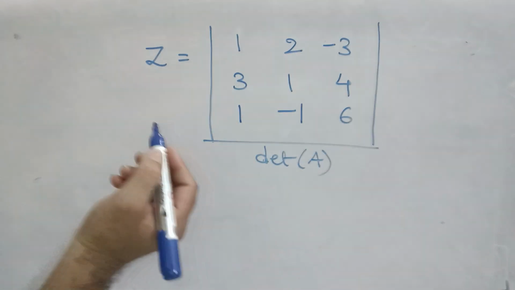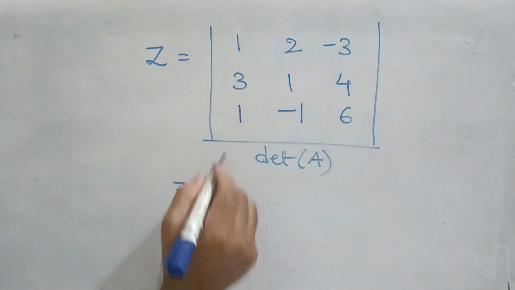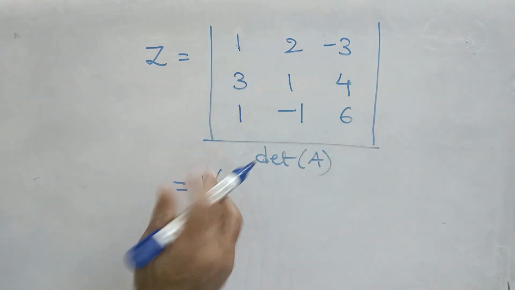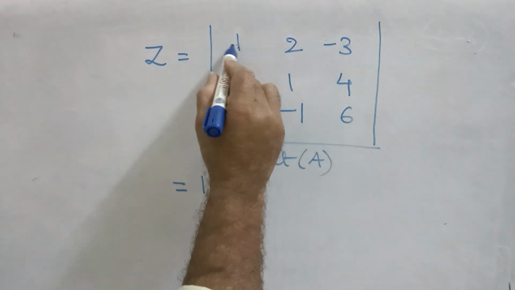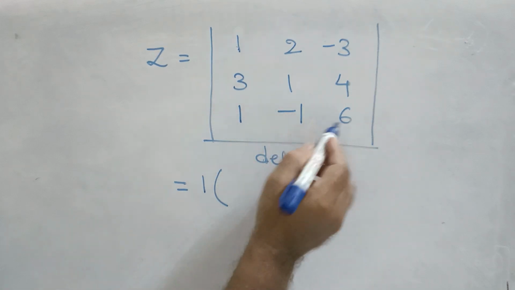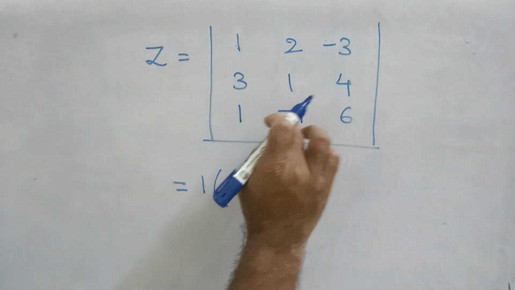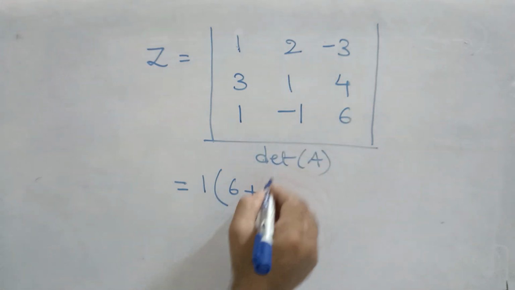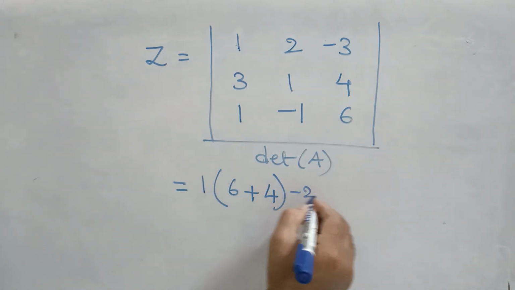Then what is this value? Find out. Take the first one, take the determinant for this. This is also a determinant only. Take the one, then if you remove that column and row, 1 into 6 is 6, minus into minus is plus, 4 into 1 is 4. This is minus 2.